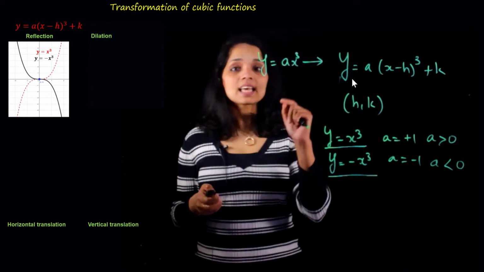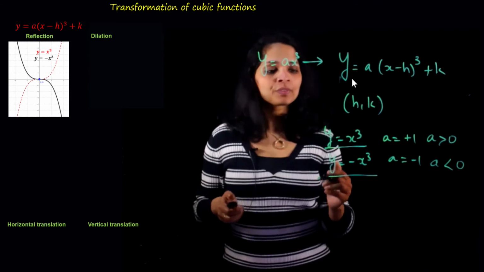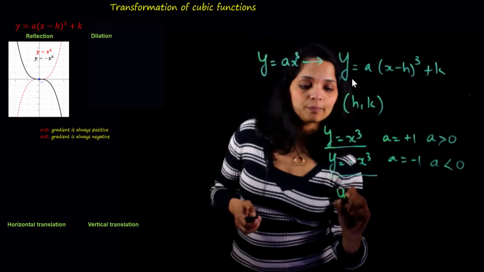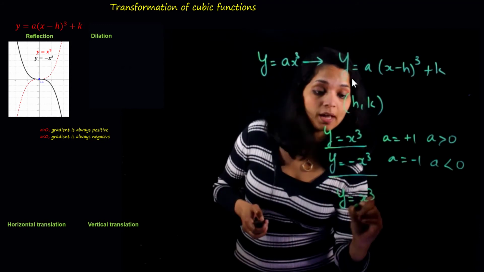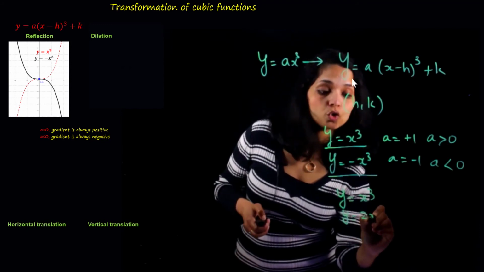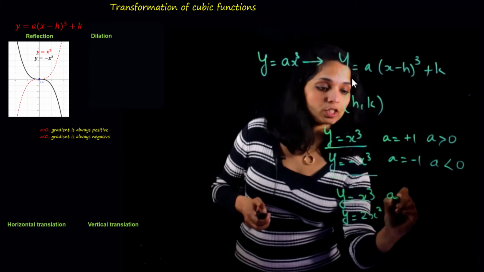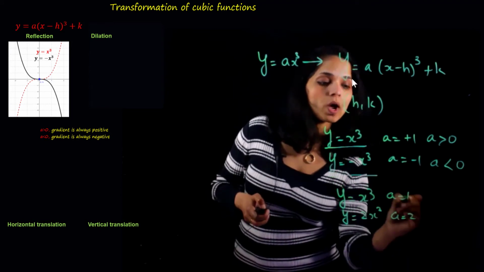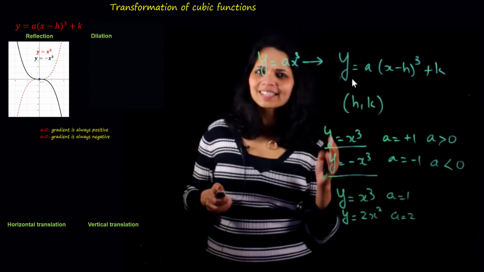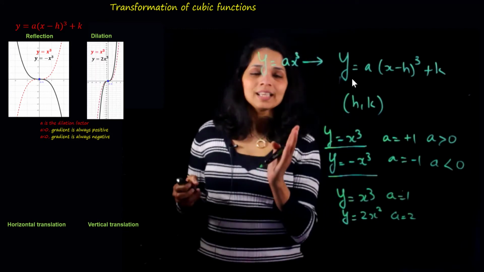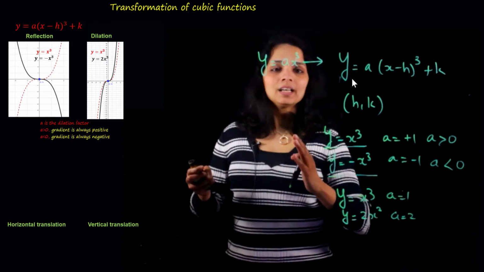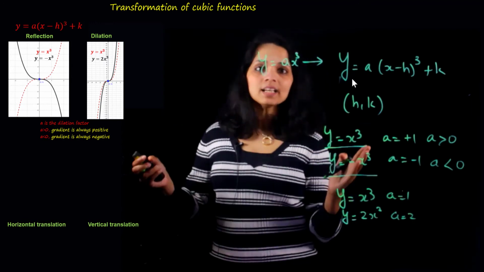And now the size of a, how does that matter? Let's look at two graphs, y equals x cube and y equals 2x cube. In this one a is 1 and this is twice that amount. How do the two graphs look? So let's have a look. The first one, y equals x cube, is a little bit wider compared to the other one.